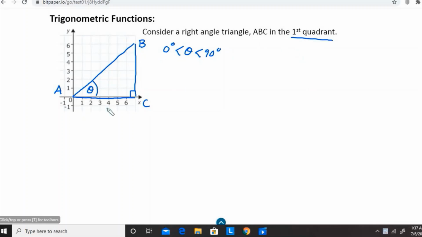Now, relative to this angle theta, I can define the side BC as the opposite side. And then relative to theta, AC is called the adjacent side. And then AB is called the hypotenuse.